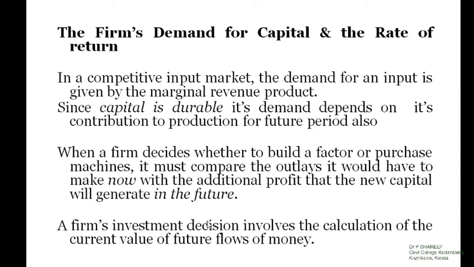When a firm decides whether to build a factory or purchase machines, it must compare the outlays it would have to make now with the additional profit that the new capital will generate in the future. A firm's investment decision thus involves the calculation of the current value of future flows of money.